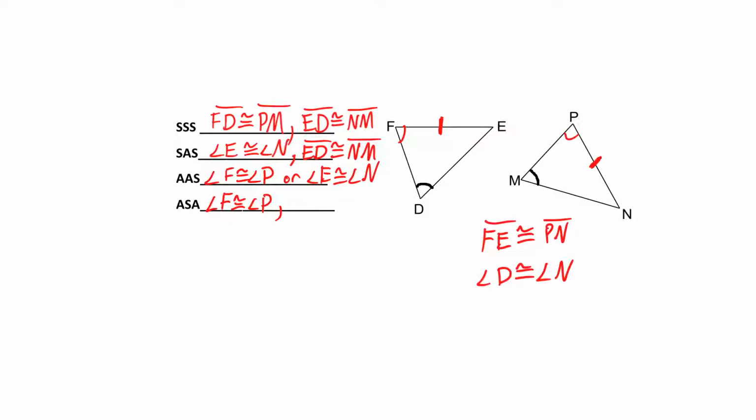And I also need to know what? Angle P, okay, good. So I need to know angle E is congruent to what? To angle N. That right there makes angle side angle.